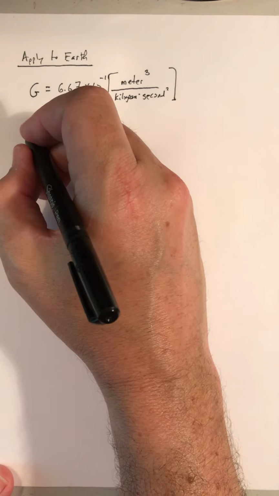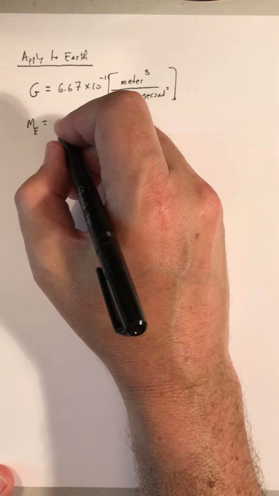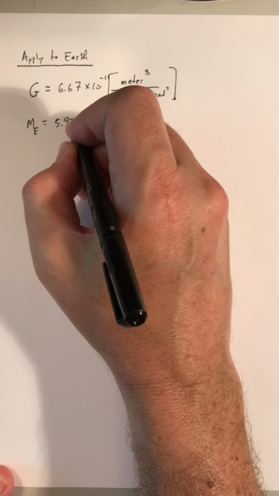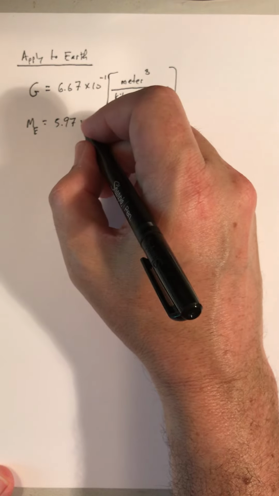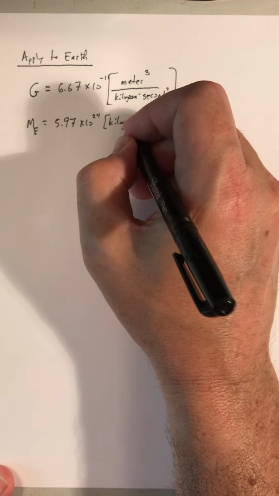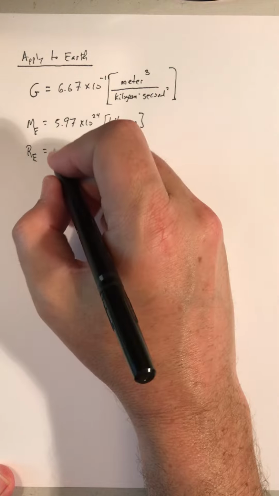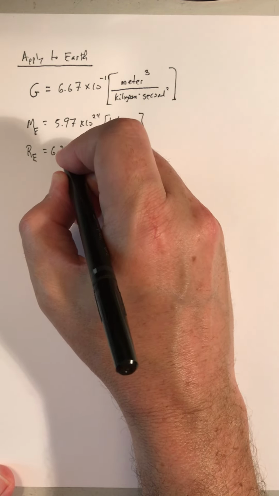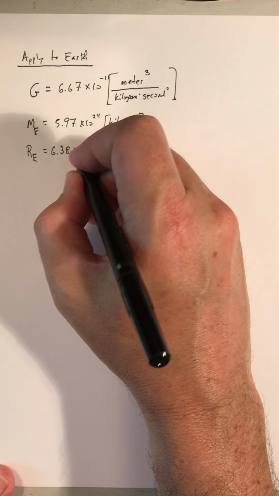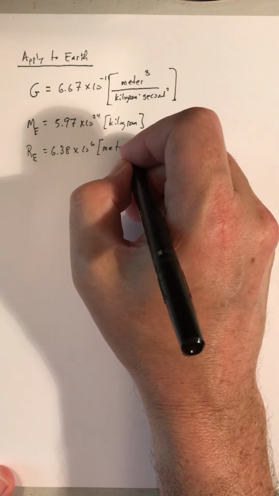We need to know the mass of the Earth, which is 5.97 times 10 to the 24th kilograms. And we need to know what the radius of the Earth is, 6.38 times 10 to the 6th meters.